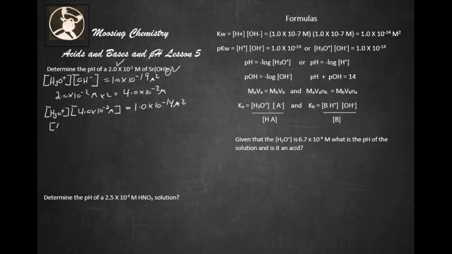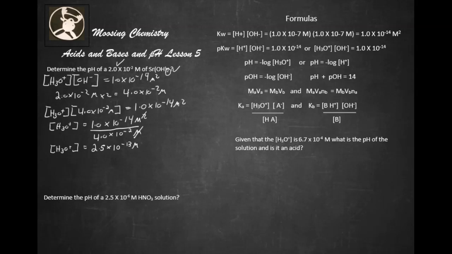So our H3O ion is going to equal 1.0 times 10 to the negative 14 M squared divided by 4.0 times 10 to the negative 2 M. The M's cancel out, and our H3O ion, our hydrogen ion, is going to equal 2.5 times 10 to the negative 13 M.